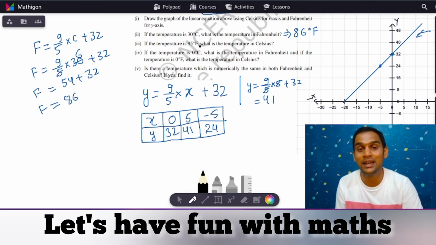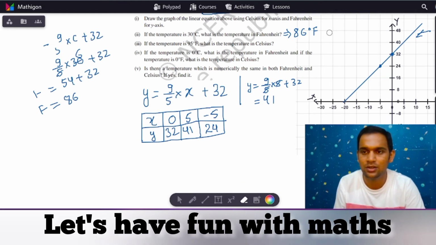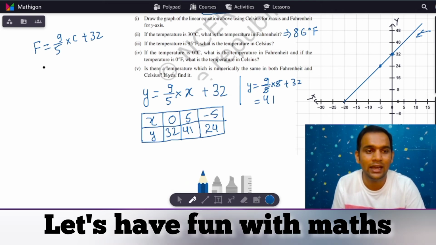Now, if the temperature is 95 degrees Fahrenheit, what is the temperature in Celsius? We will quickly do that. Wait just a second. Why did I erase the formula? So Fahrenheit is given, and now we have to convert it into Celsius. Instead of Fahrenheit, we substitute 95. That equals 9 by 5 times C plus 32.